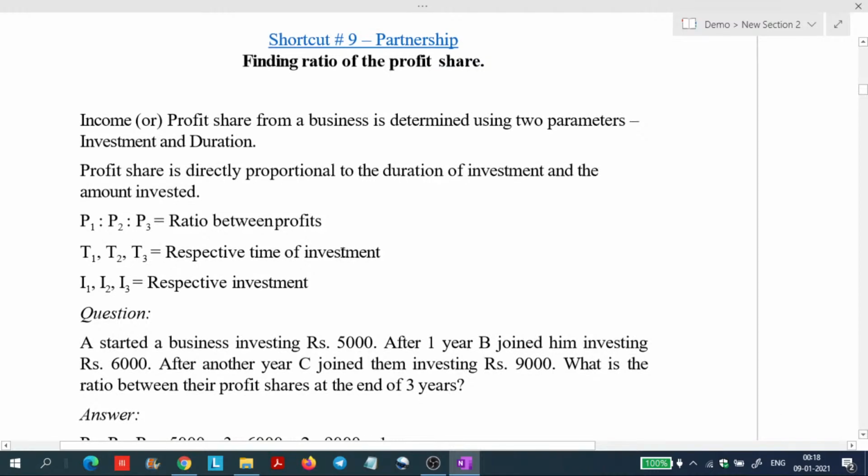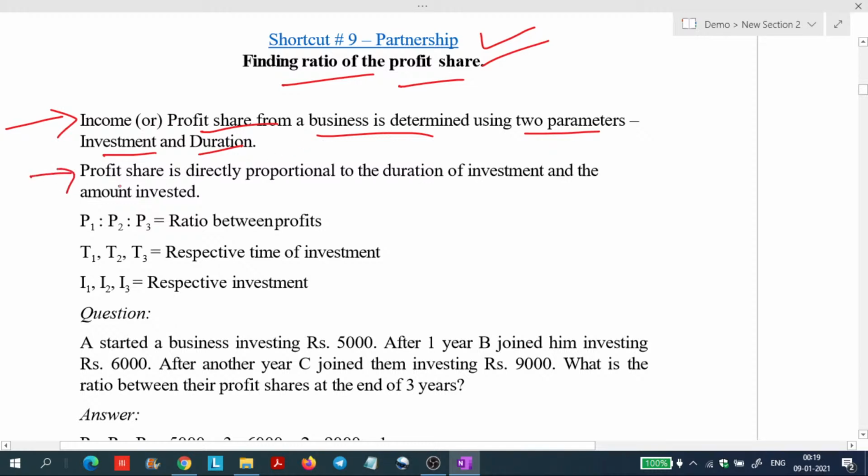So next we can discuss partnership, finding the ratio of the profit share. The income or the profit share from the business is determined using two parameters: investment and duration.